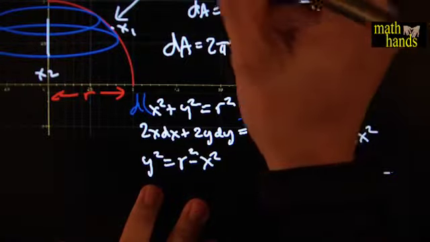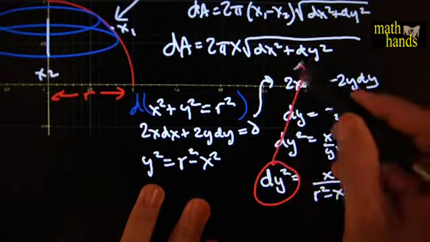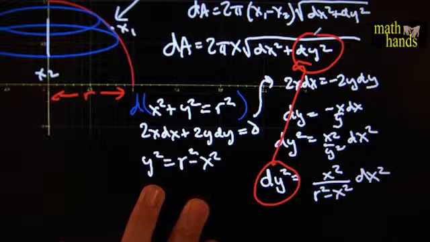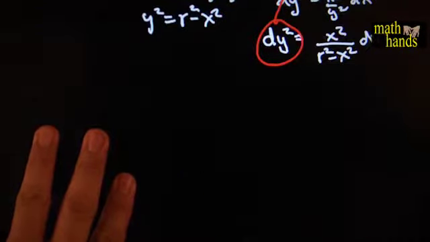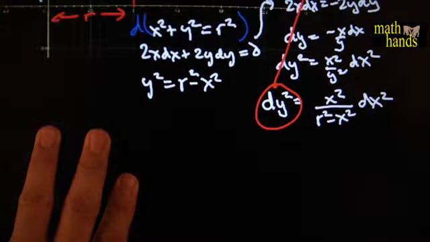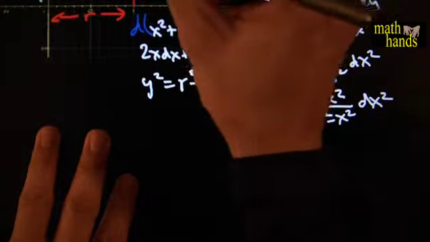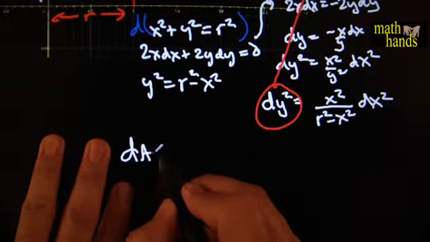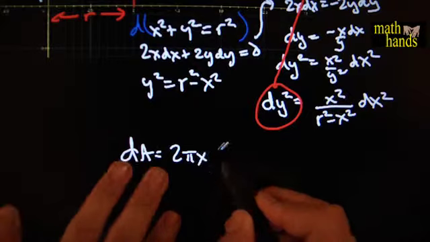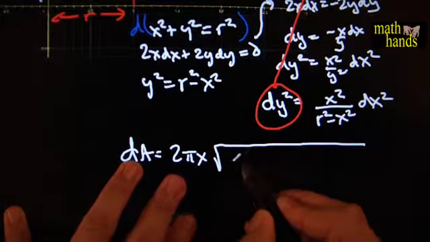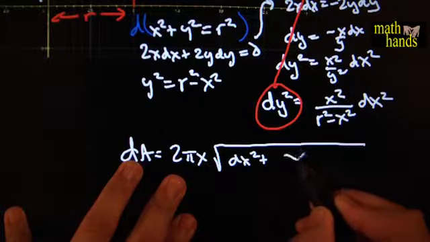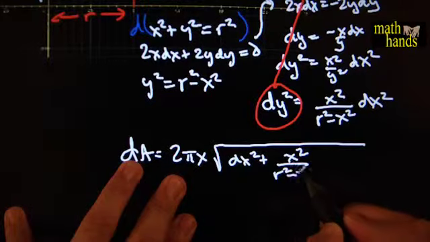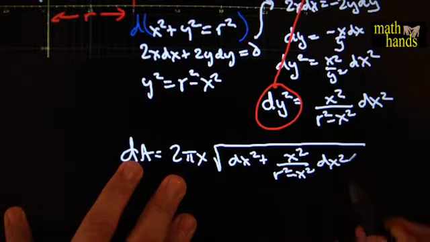I take this guy and I substitute it way up there, right there. And that will give me that dA is equal to 2 pi x square root of dx squared plus x squared all over r squared minus x squared dx squared.